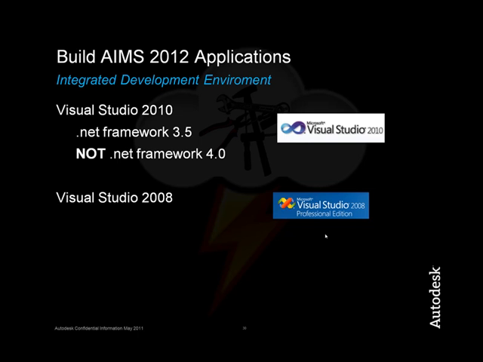You can use .NET, PHP, or Java. In this session, we are going to talk about how to create MapGuide applications using .NET. We can choose Visual Studio 2010 or 2008 as our integrated development environment. If you are using VS 2010, please pay attention to select .NET Framework 3.5, not 4.0.